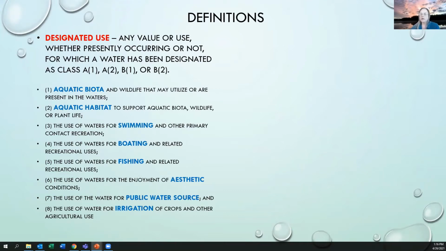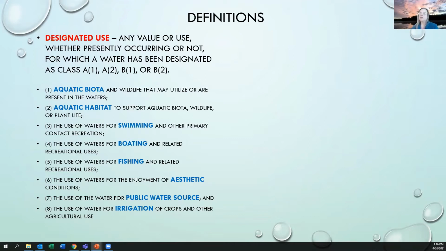Aquatic biota, what lives in the water. Aquatic habitat is where they live and the condition of that. Swimming, boating, fishing. Aesthetics, basically how it looks. Is it pretty? Do we like to sit there and watch the water? Public water supply, drinking water. We do still use surface waters for drinking water supply sometimes.